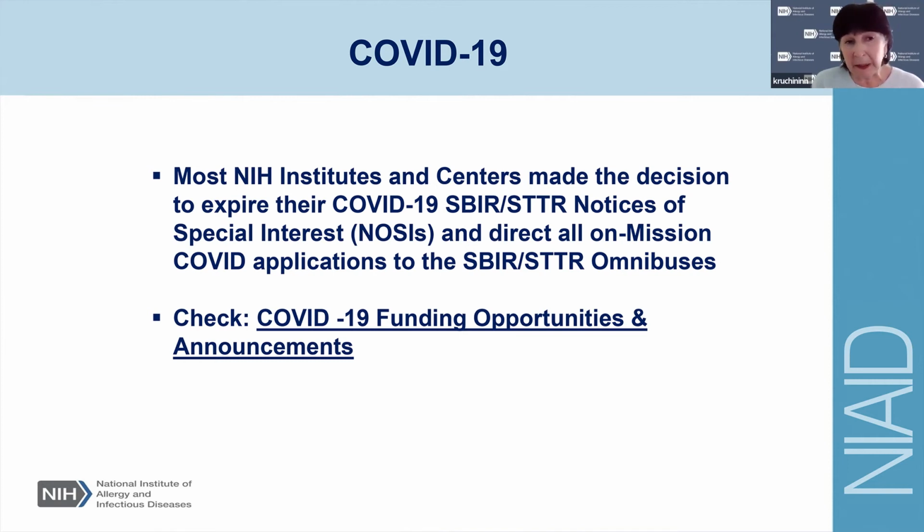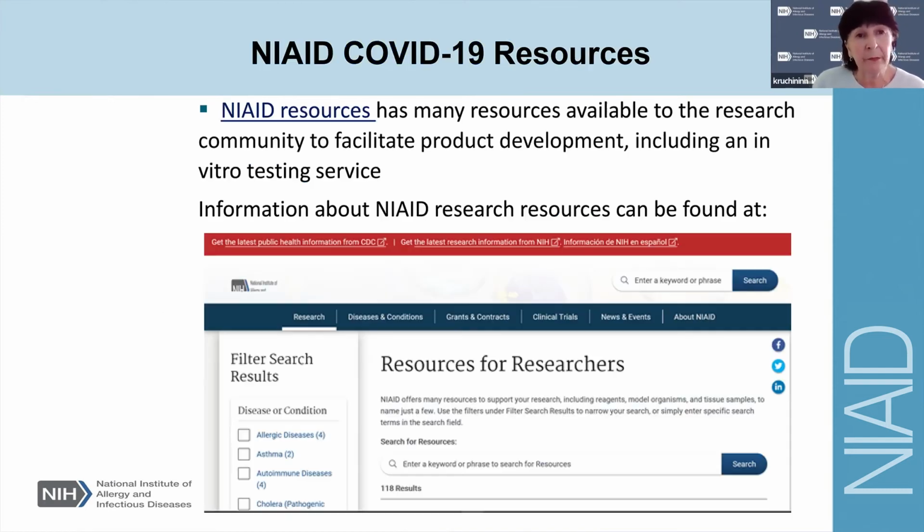But I put this link, COVID-19 funding opportunities. There are some opportunities, please check, because even if they're not SBIR or STTR opportunities, small businesses are sometimes eligible to apply. I also check this link periodically; they add information quite often.